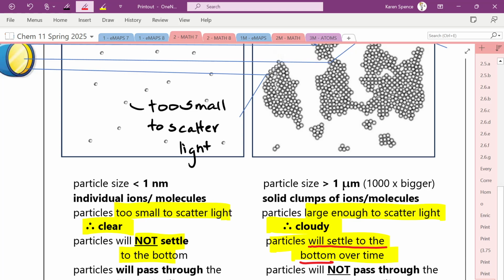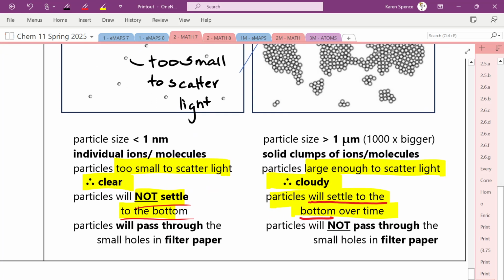Do you think if you leave salt water out that the salt is all going to settle to the bottom? Is that your experience with the ocean, that all the salt settles to the bottom, leaving pure crystal drinkable water on the top? No. That's because particles will not settle to the bottom in a solution.